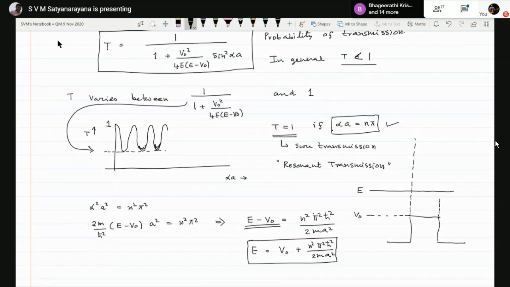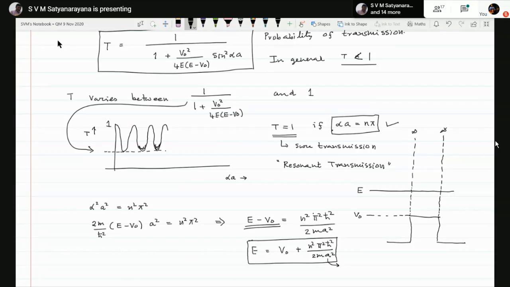Suppose you imagine that you have got some infinite square well here, that means it's like a particle in a box, both sides infinity. What are the energy levels of a particle in a box? Exactly, these are the energy levels, right? If n is equal to 1, it is the ground state. If n is equal to 2, it is the first excited state.